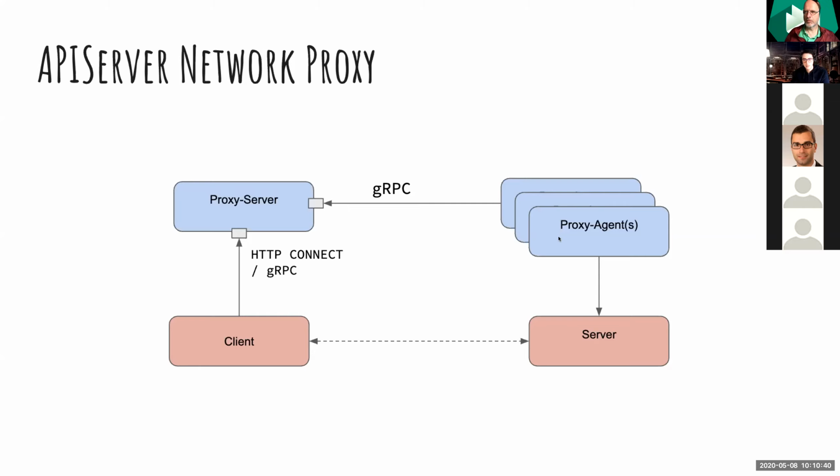So here you can see there can be more than one proxy agent connecting to the proxy server. Each time there is a connection established, I keep track of the connection IDs. And whenever I try to HTTP connect, I also keep track of the IP or the identity of the client, and then I try to forward the traffic whenever the tunnel is established.